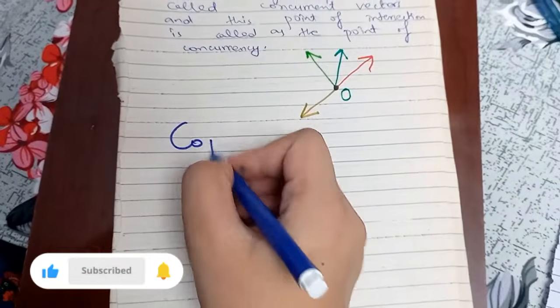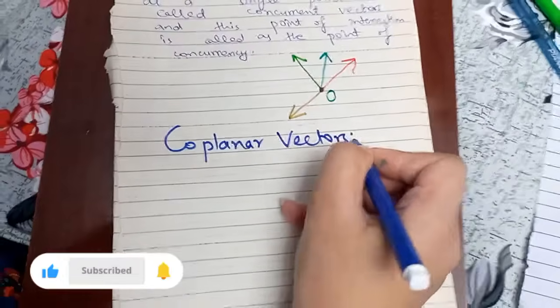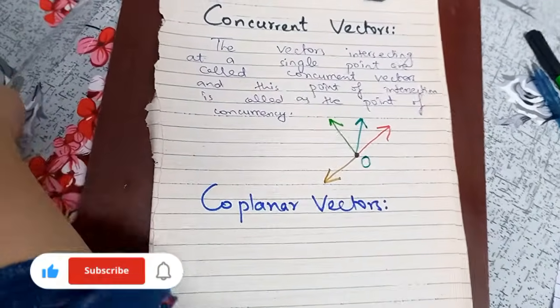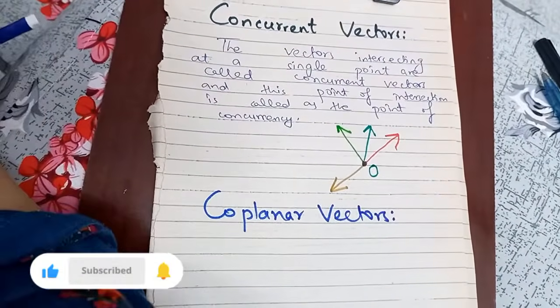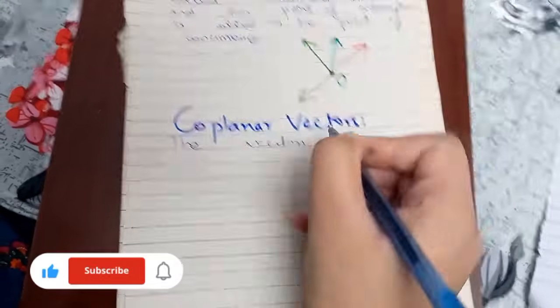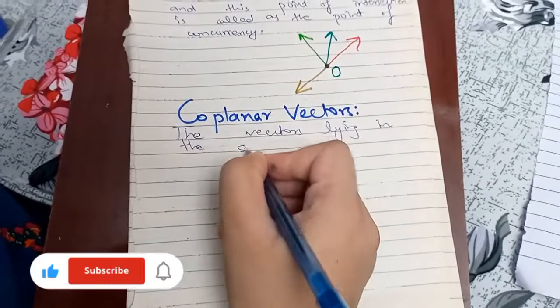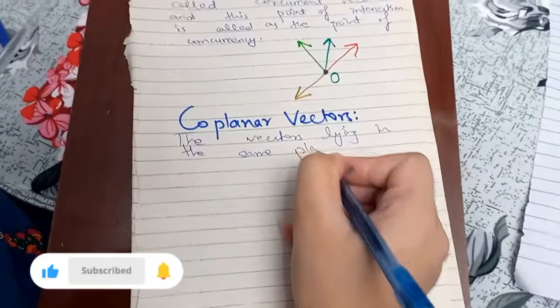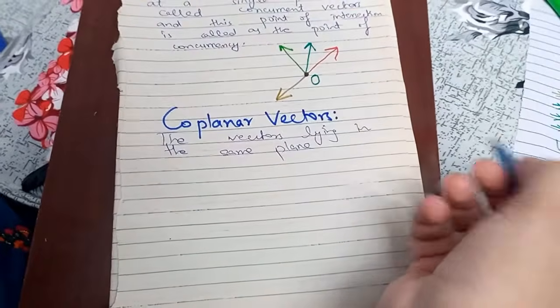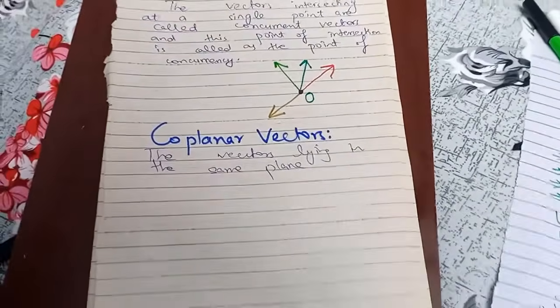Coplanar vectors: the vectors lying in the same plane, a 2D plane obviously, because plane is a two-dimensional thing.